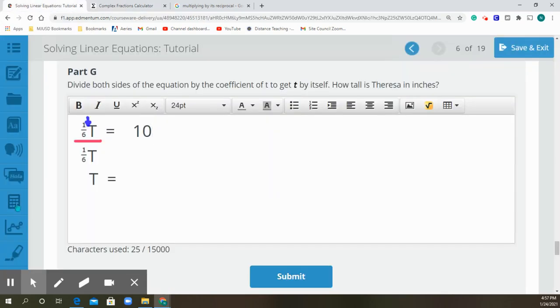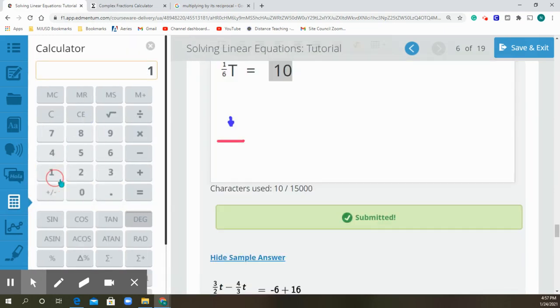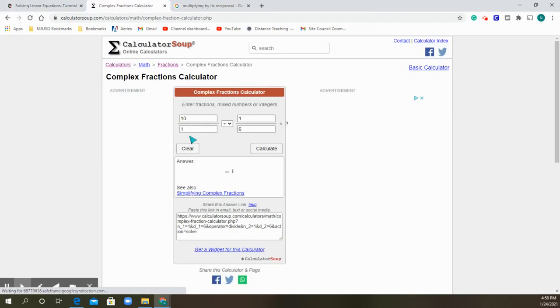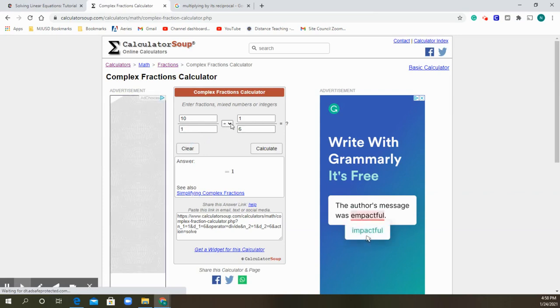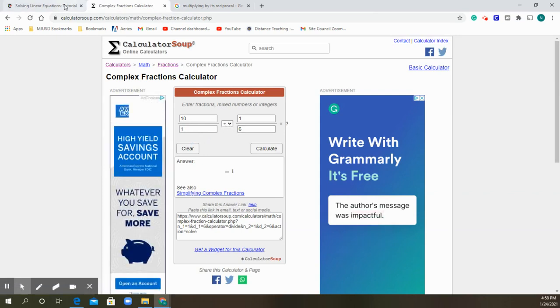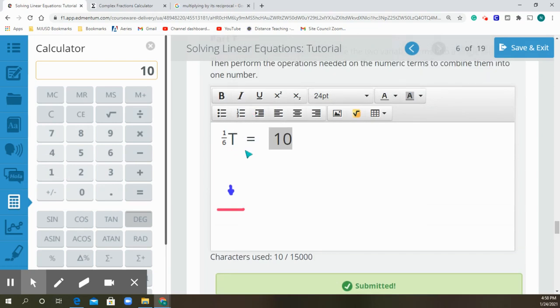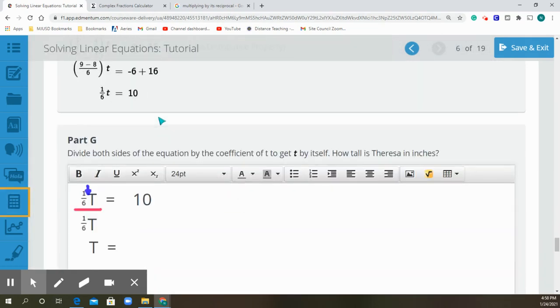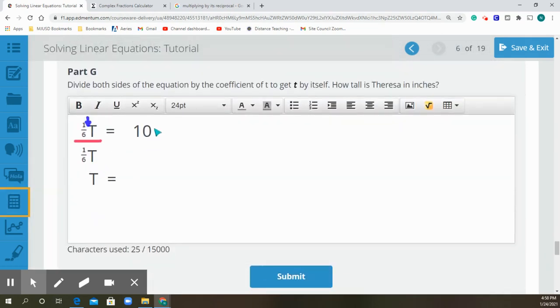I can prove that with a calculator if need be. 10 divided by 1, or 10 over 1, equals 10. So I'm not making stuff up here. And then I need to divide it by 1/6.